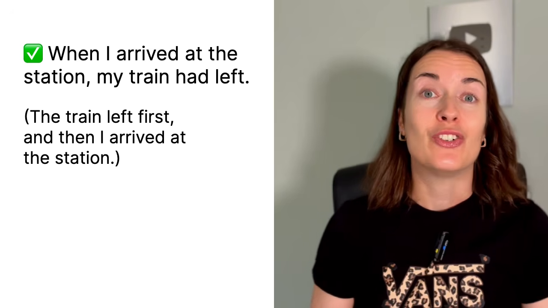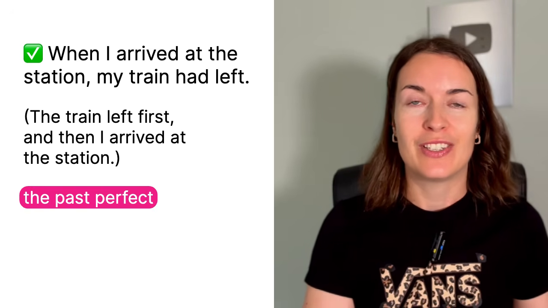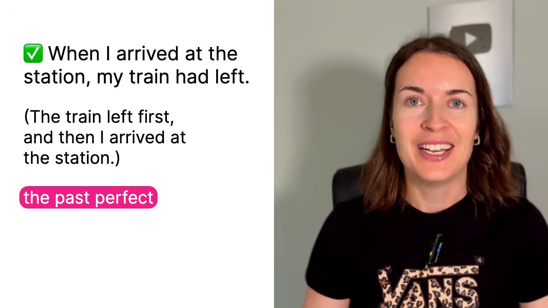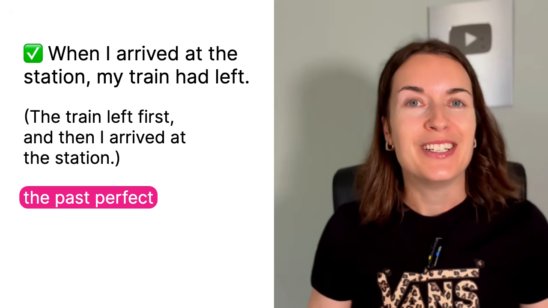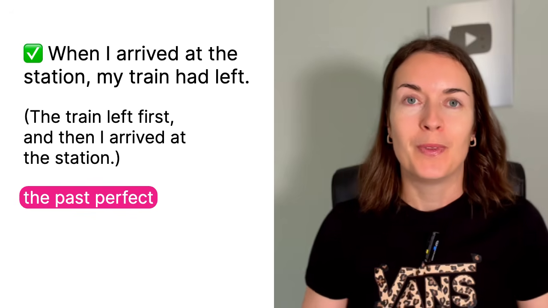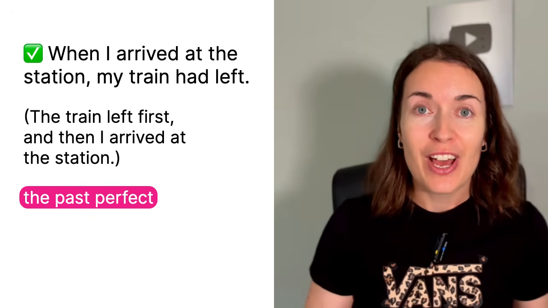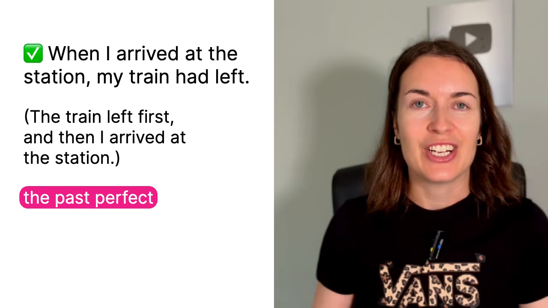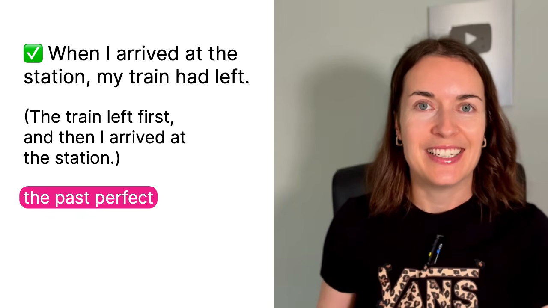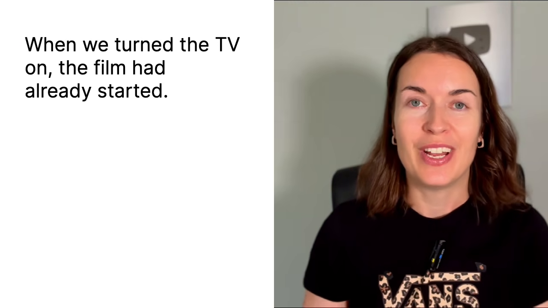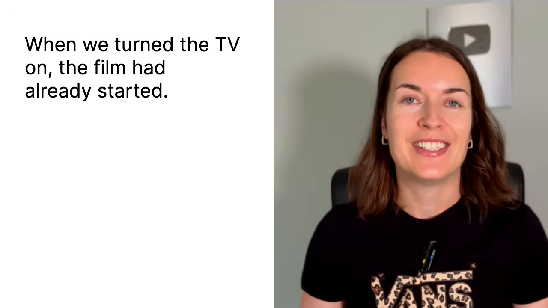So it means that the train left first and then I arrived at the station. So the past perfect is really useful when you want to clarify which action happened first and which action happened second.